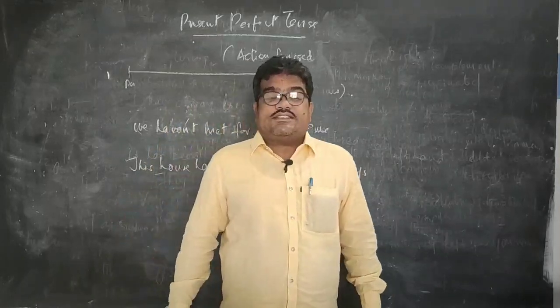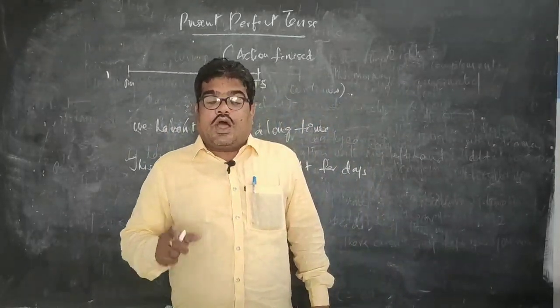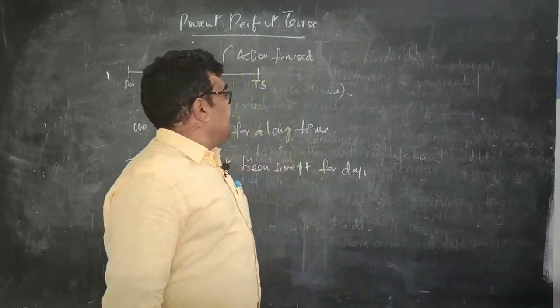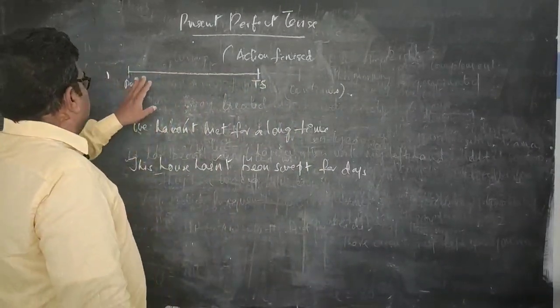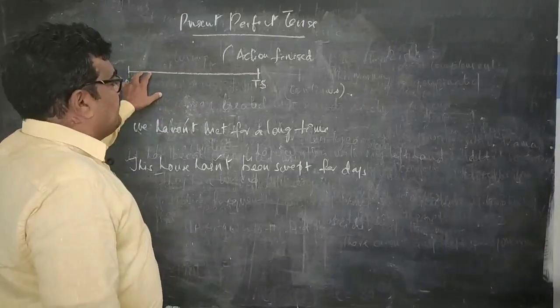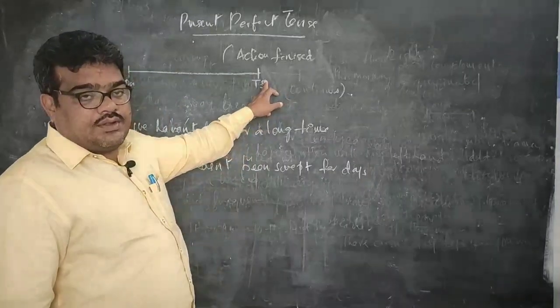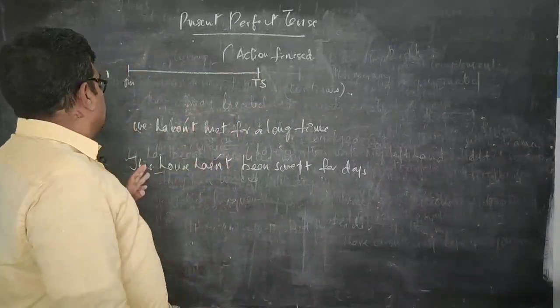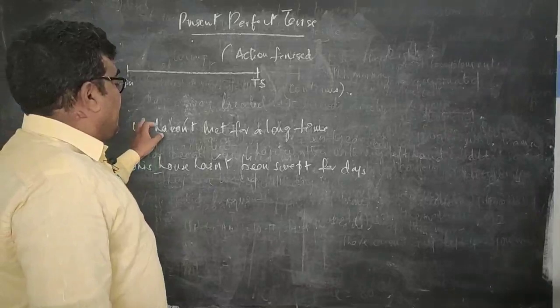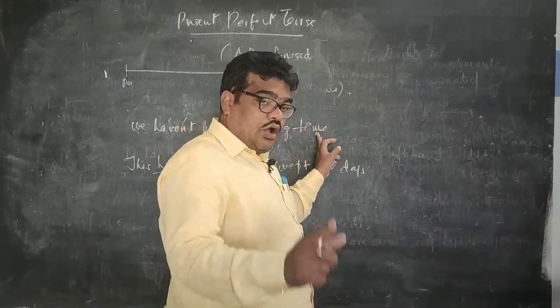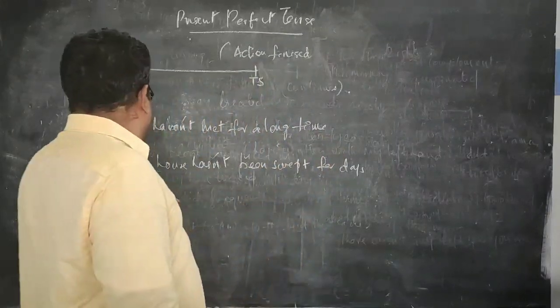In present perfect tense, sometimes, however, the action finishes at the time of speaking. You see this diagram. The action started in the past and completes at the time of speaking. I shall show you with two examples. We haven't met for a long time. Now we are meeting.